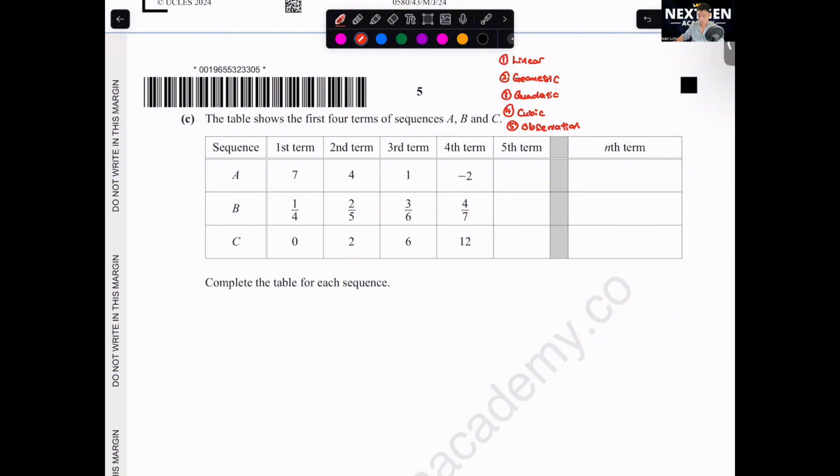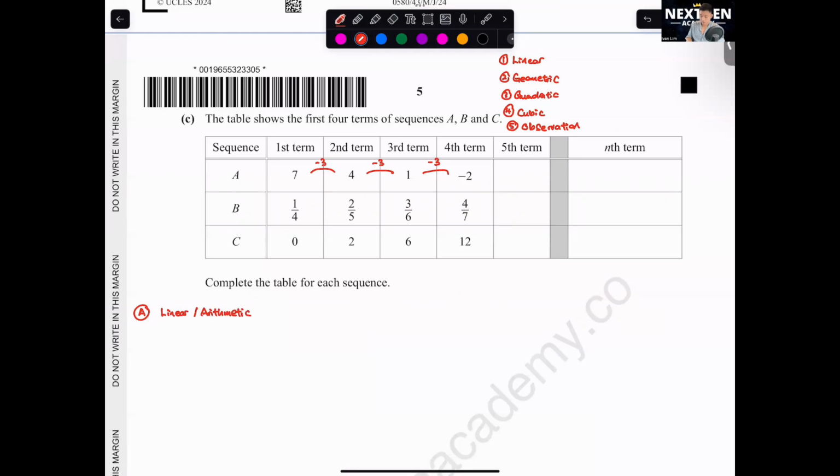7, 4, 1, -2. What type of sequence is this? The pattern is -3, -3, -3. We call this a linear or arithmetic sequence. Both are correct, just different language.